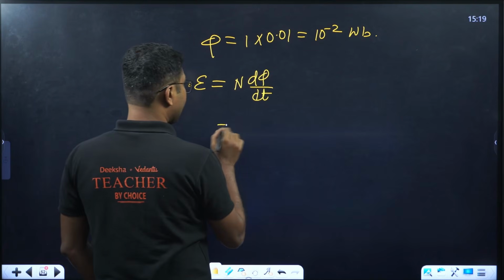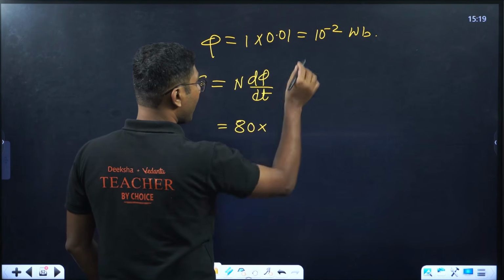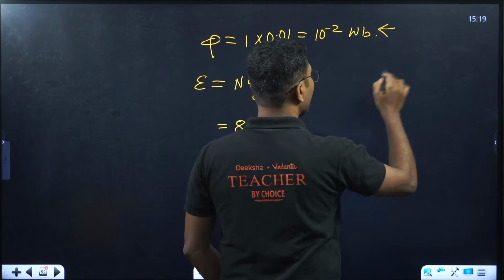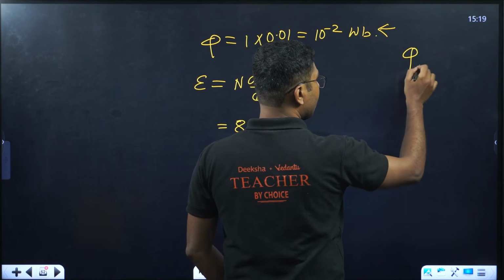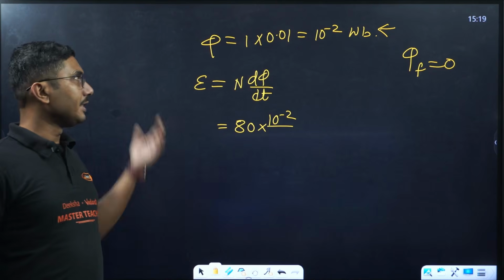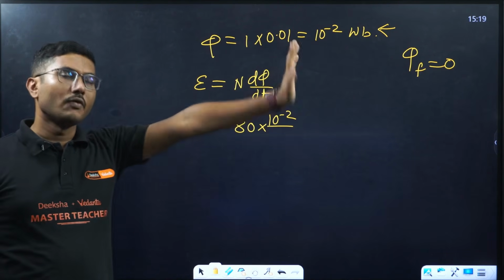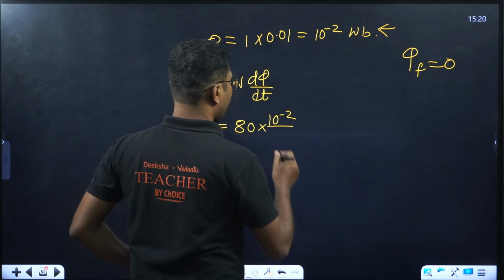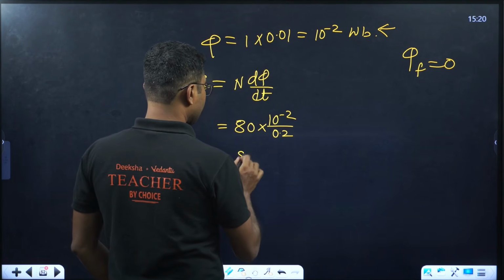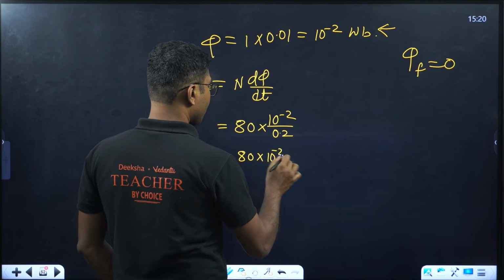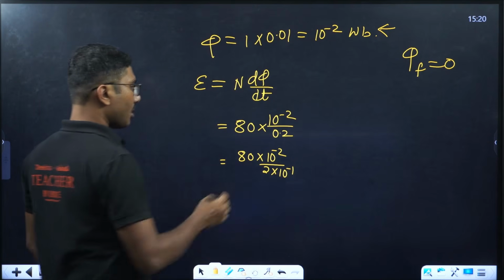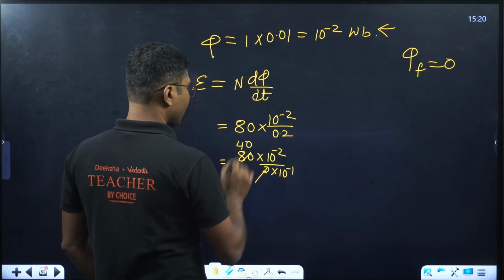So N here is 80 and d phi is 10 to the power of -2, because initially in the field that is the value, and finally when you take it completely out of the field, the final flux would be 0. So initial flux is 10 to the power of -2, final flux is 0, so the change is 10 to the power of -2 only, and the time given here is 0.2 second. 0.2 second means 2 into 10 to the power of -1, so it is 80 into 10 to the power of -2 divided by 2 into 10 to the power of -1. 0.2 means 10 to the power of -1, so it will be 40, so it will be 4.